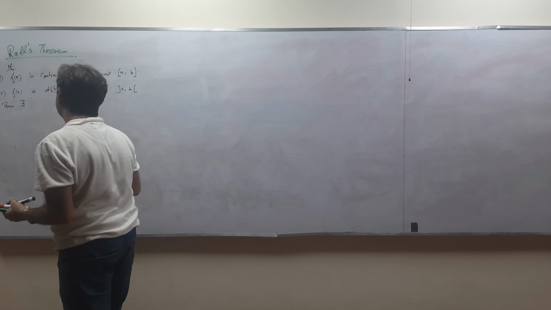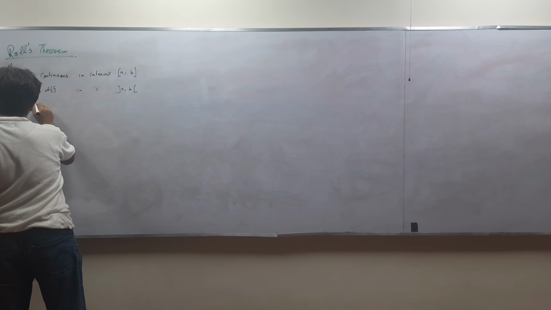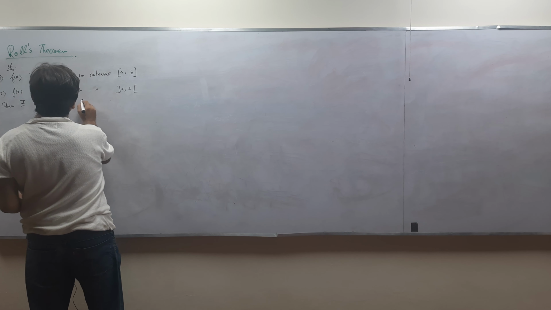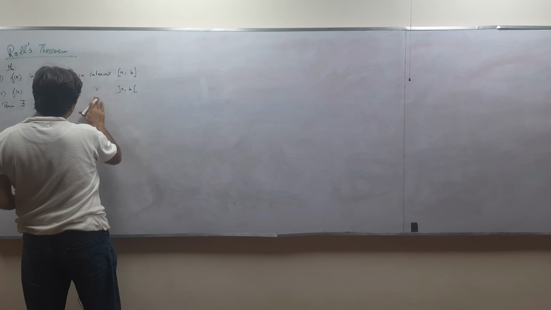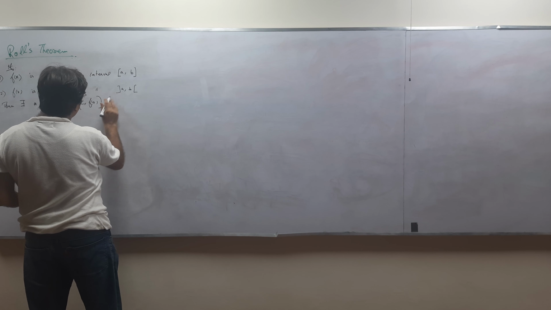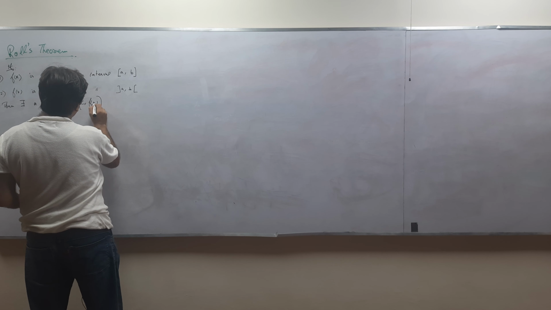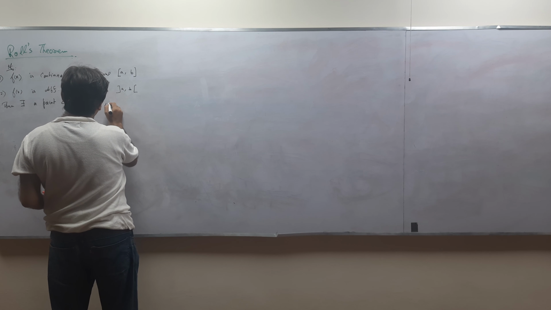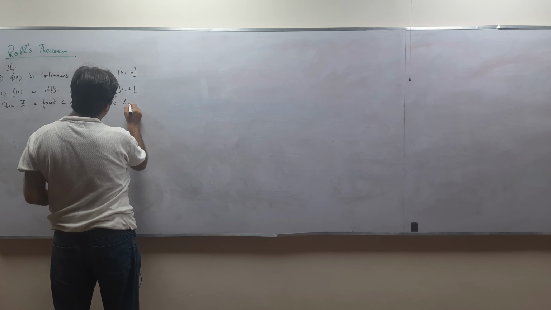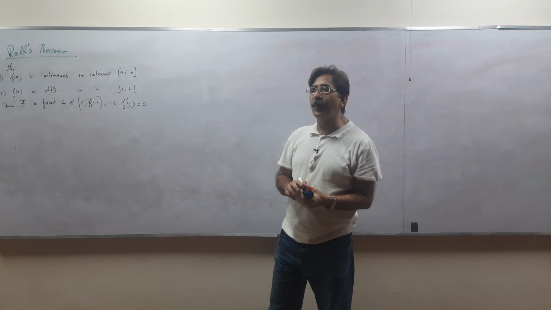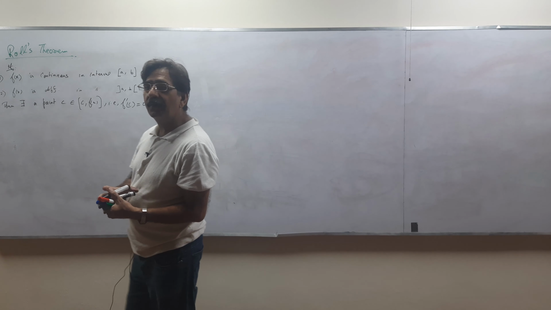Then there exists a point c where the first derivative is 0. Then there must exist a point c where the first derivative will be 0.